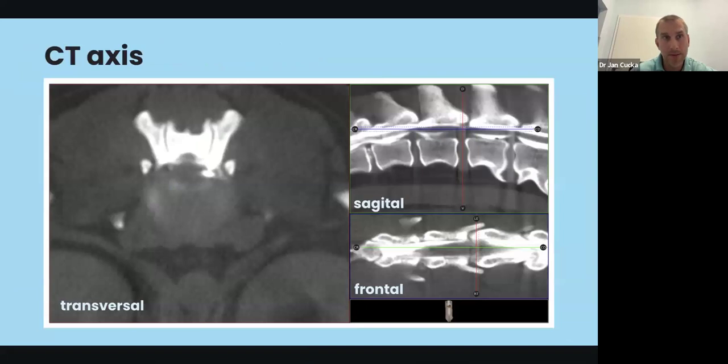For interpretation of CT, we have to know some axes for good interpretation.